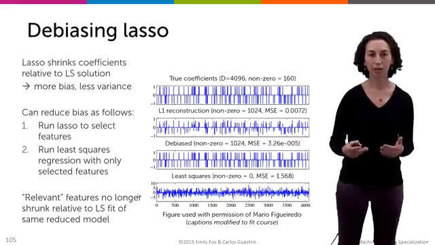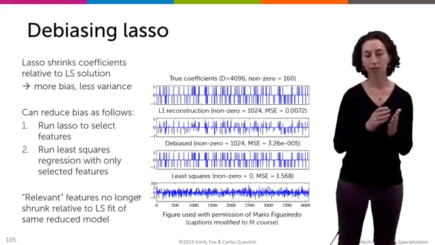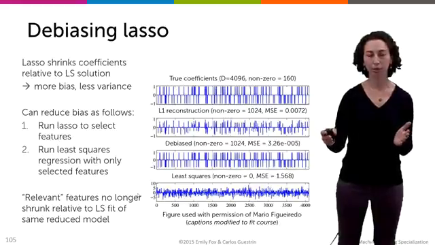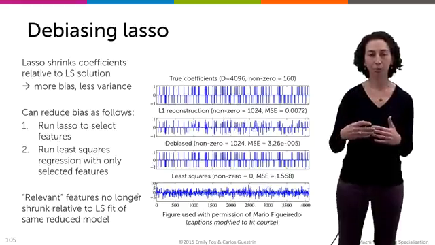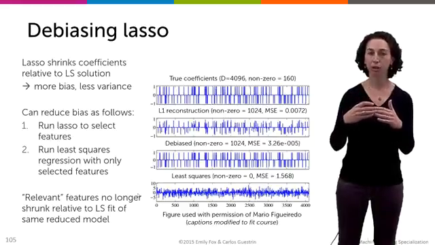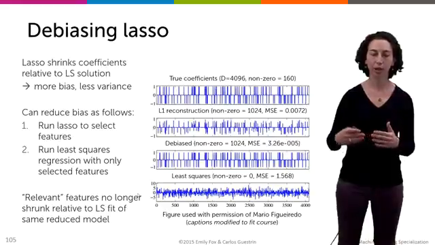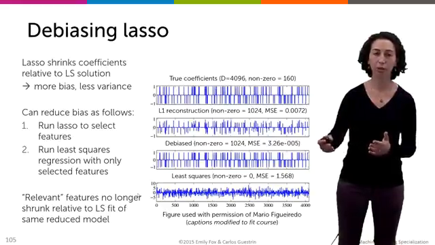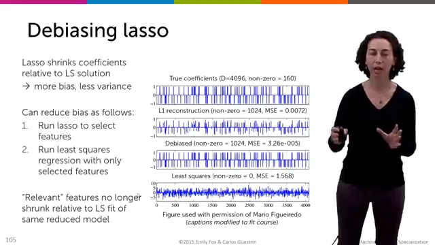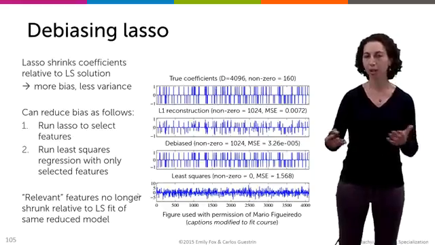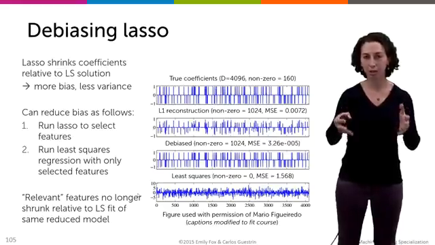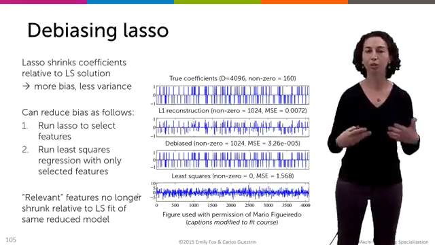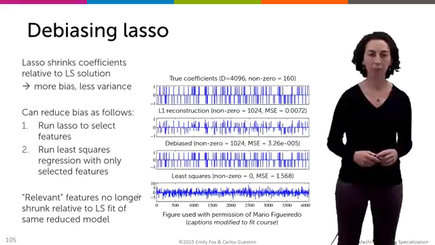And in this case, these features that were deemed relevant to our task, their weights after doing this debiasing procedure will not be shrunk relative to the weights of a least squares solution if we had started exactly with that reduced model. But of course, that was the whole point. We didn't know which model, so the lasso is allowing us to choose out this model and then just run least squares on that model.